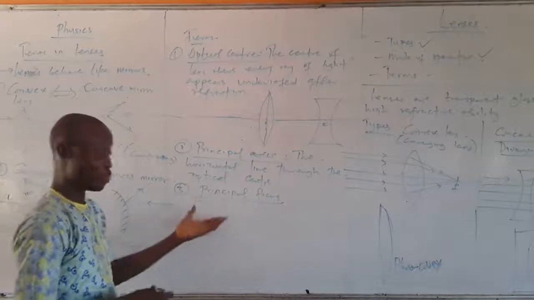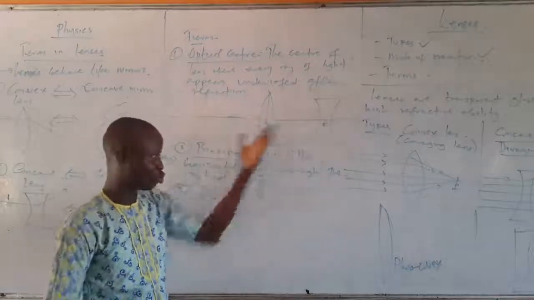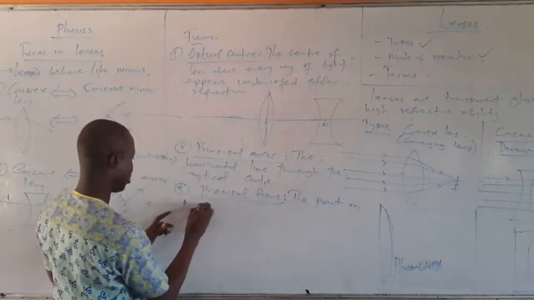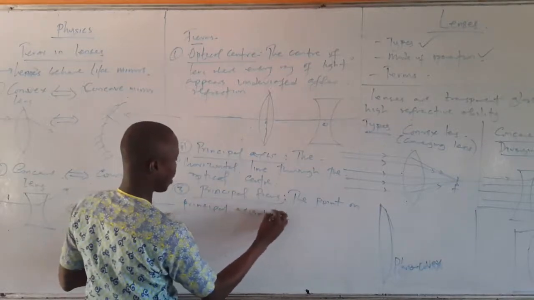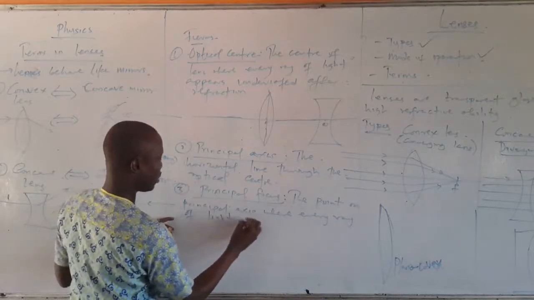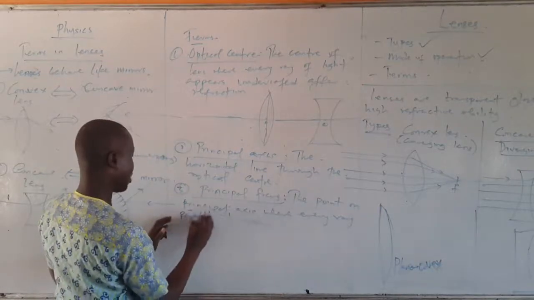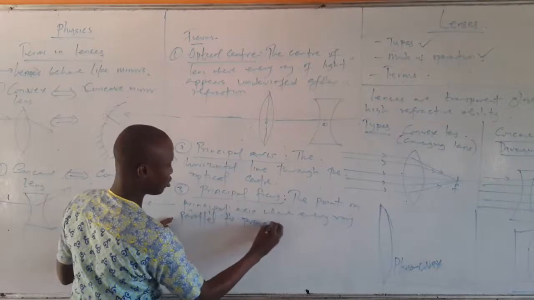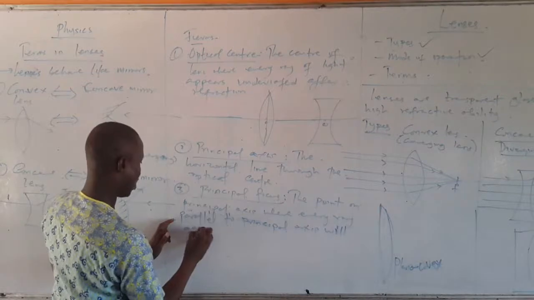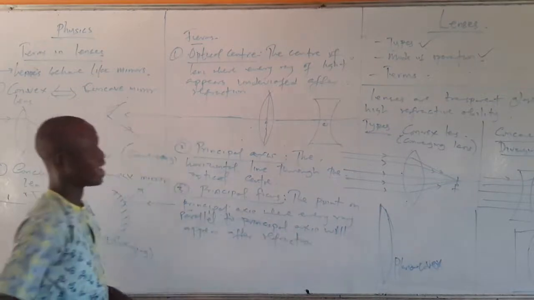The principal focus is, just like in mirrors, the point on the principal axis where every ray of light parallel to the principal axis will appear after refraction through the lens.